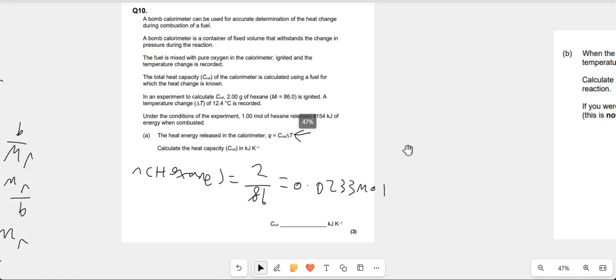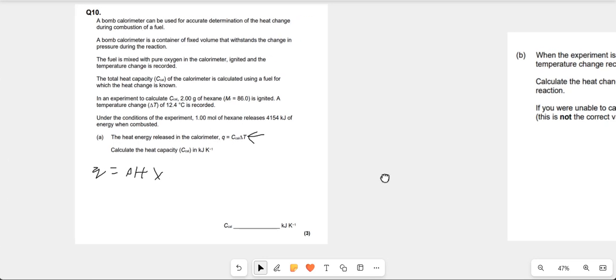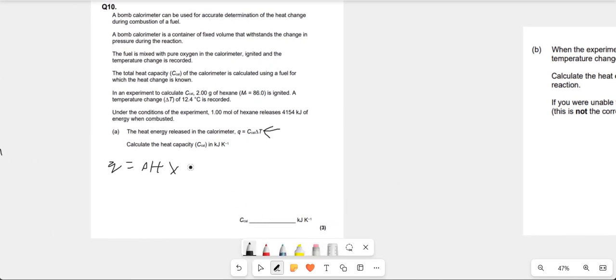Now I need to find what Q actually was. Q is going to be the enthalpy, which is 4154 kilojoule, because this is the enthalpy of combustion, not the energy they're talking about here. So write this down. Q would therefore be the enthalpy times the moles.